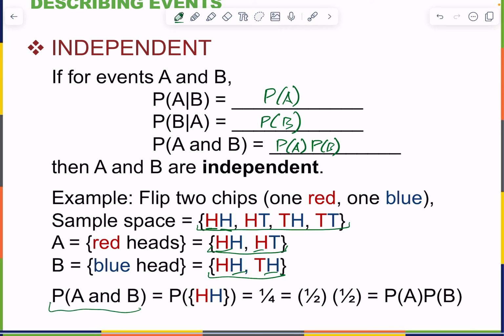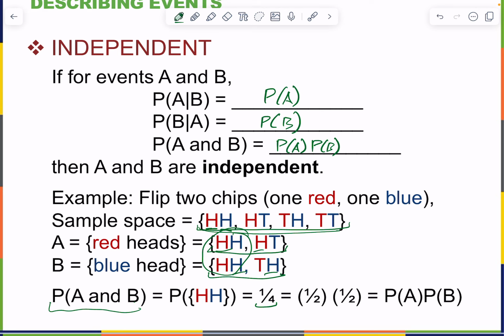The probability of A and B occurring, so that's the intersection, is the probability of HH. That is equal to a fourth, because that's 1 out of the total sample space, which is 4.